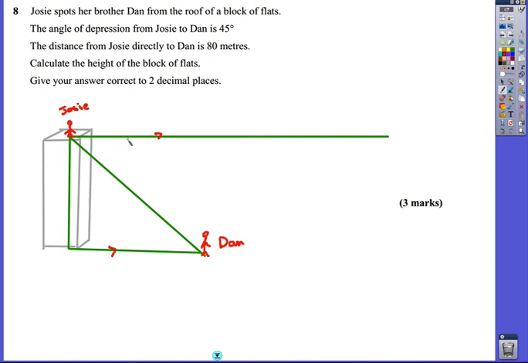The angle of depression is from the top to the hypotenuse of the triangle. This is 45 degrees. This here is parallel. If that's 90 degrees, that is also going to be 90 degrees because co-interior angles must sum up to 180 degrees. If that is 45 degrees, the rest must be 45 degrees. This was quite lucky because that was 45, this was 45.